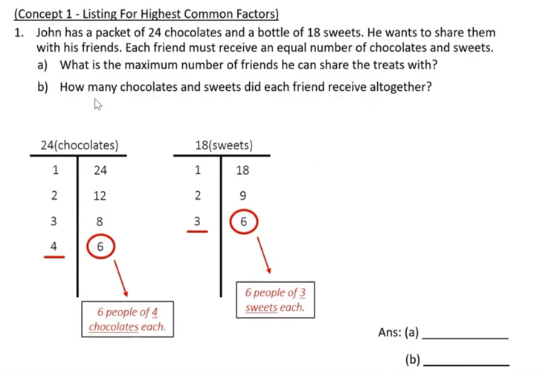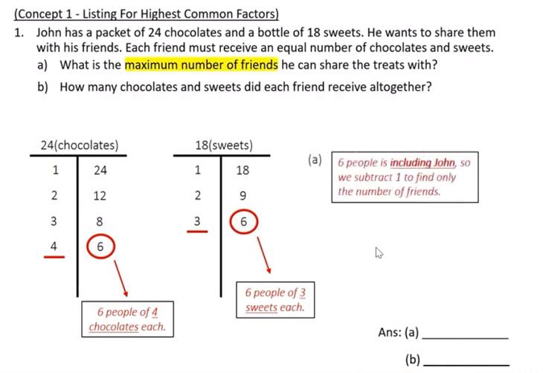So question A is asking the maximum number of friends. If you want to find the number of friends, remember that this 6 people is including John. So you need to take away 1, because John is just 1 person himself. So number of friends will be 6 minus 1, 5 friends.